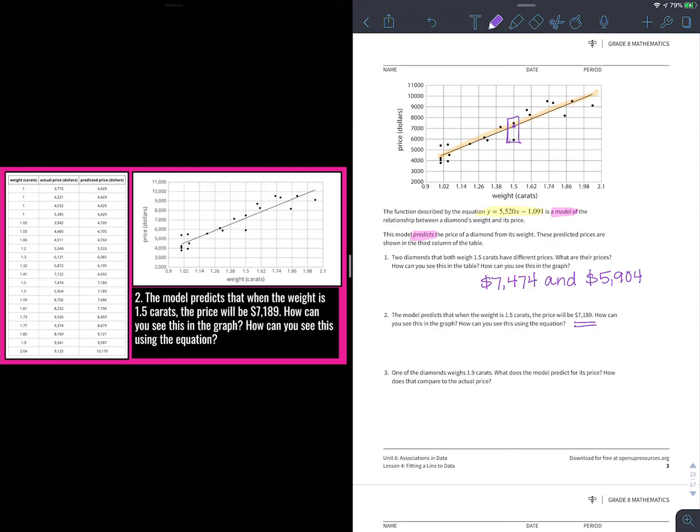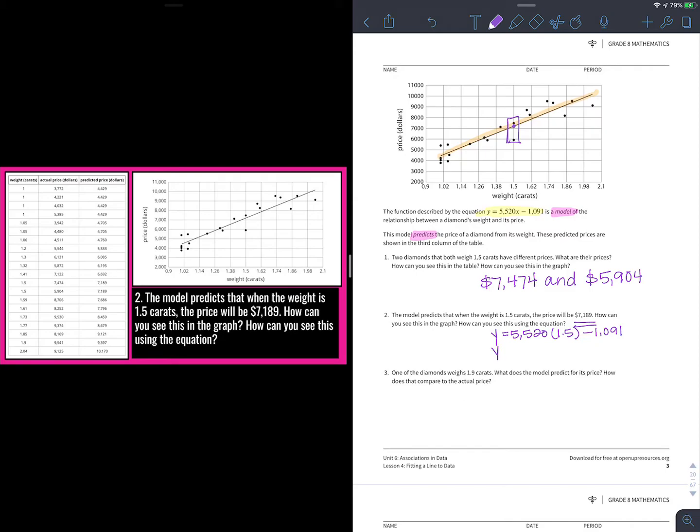But how do we see this in the equation? Well, we take that information, the 1.5 carats, and we're going to use it in the equation. So y is equal to 5,520 times the 1.5, because that represents the carats, minus the 1,091.